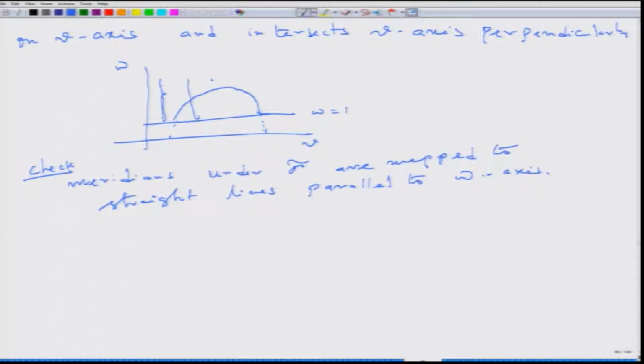This picture of the pseudosphere is called the upper half plane model, the UHP model of the pseudosphere. Actually, it is connected to, as I said, the beginning of hyperbolic geometry.